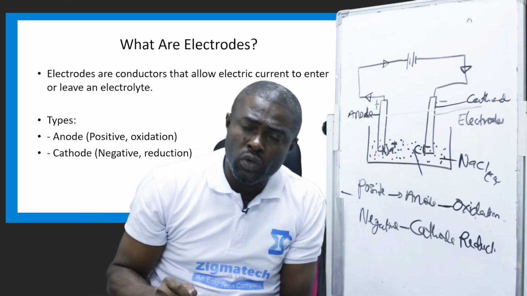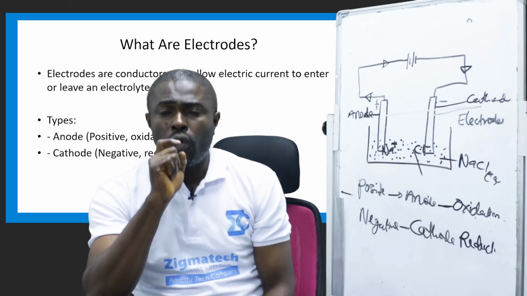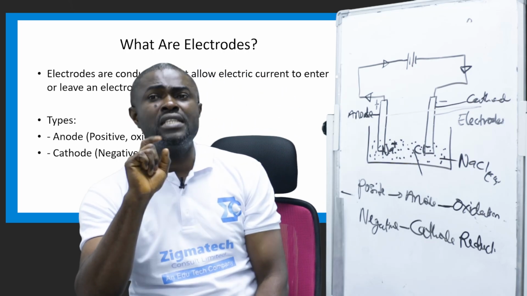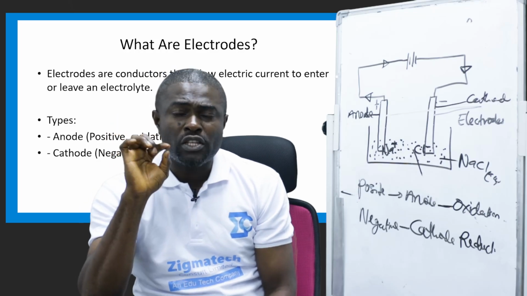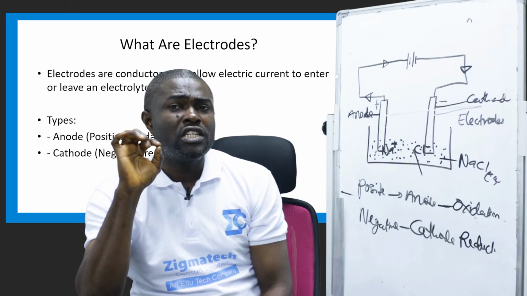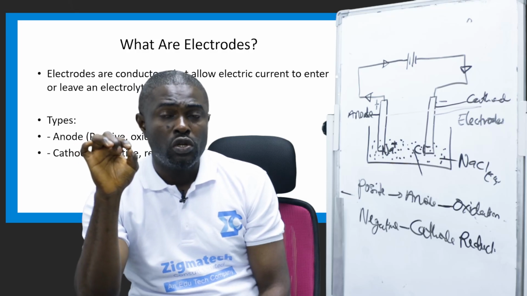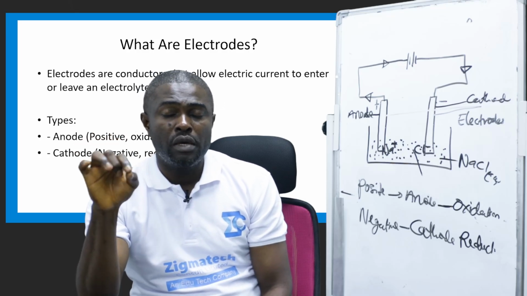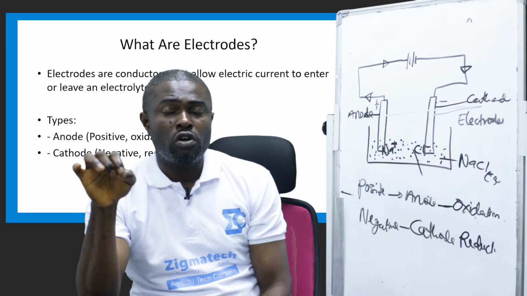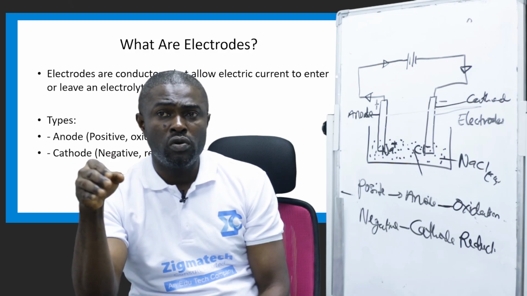So this is the definition you give when you are asked what an electrolytic cell is. It is a cell that converts electrical energy to chemical energy.